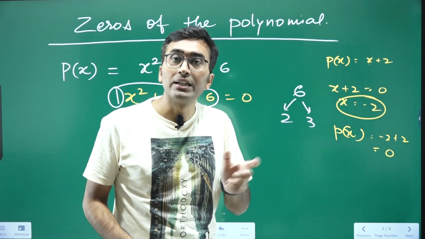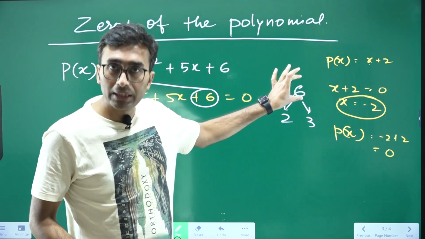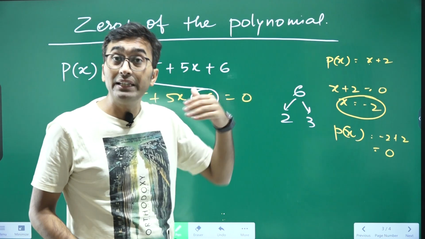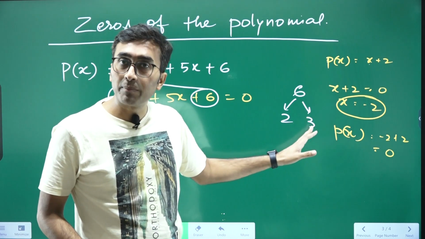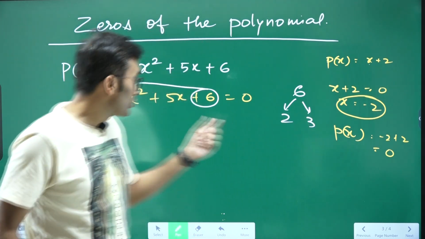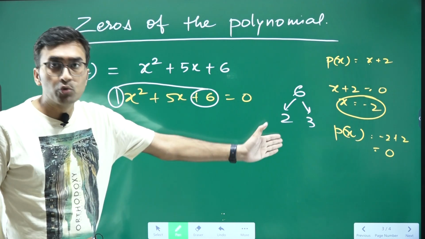The two factors should be such that on multiplication they give the constant term 6, and by addition or subtraction they generate the middle term. Yes, 2 and 3 do that.